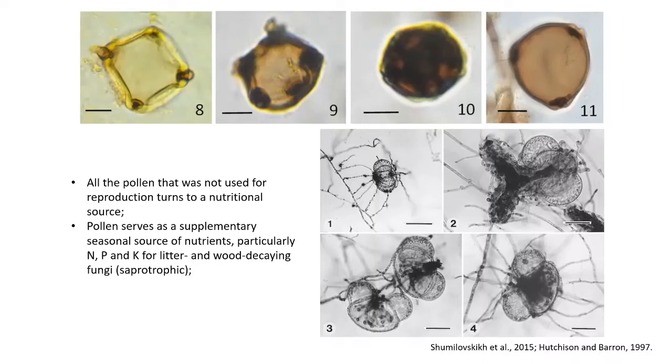So if the upcoming years are not so good for the plant, then it can ask the fungi to ensure additional nutrients. So it's a kind of investment for the future as well.